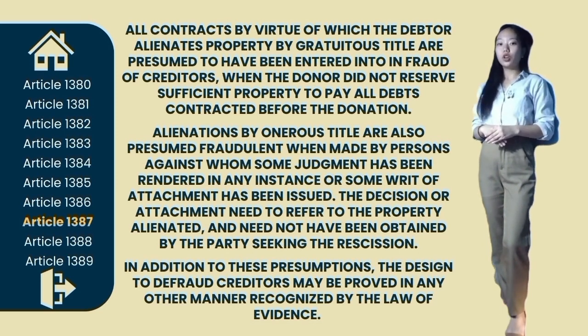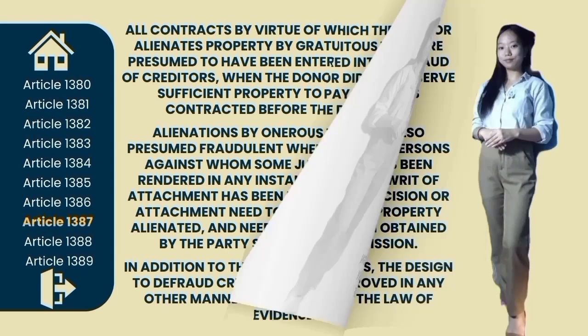The decision or attachment need not refer to the property alienated and need not have been obtained by the party seeking the rescission. In addition to these presumptions, the design to defraud creditors may be proved in any other manner recognized by the law of evidence.